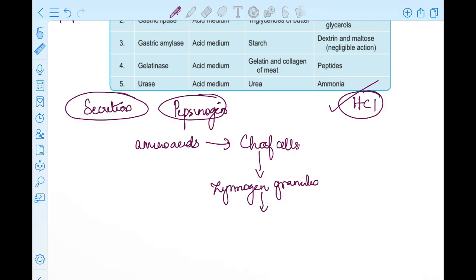When it is secreted, it is in the form of pepsinogen, the inactive form of pepsin, and this is converted to pepsin by the action of hydrochloric acid. So that is how pepsinogen is secreted.